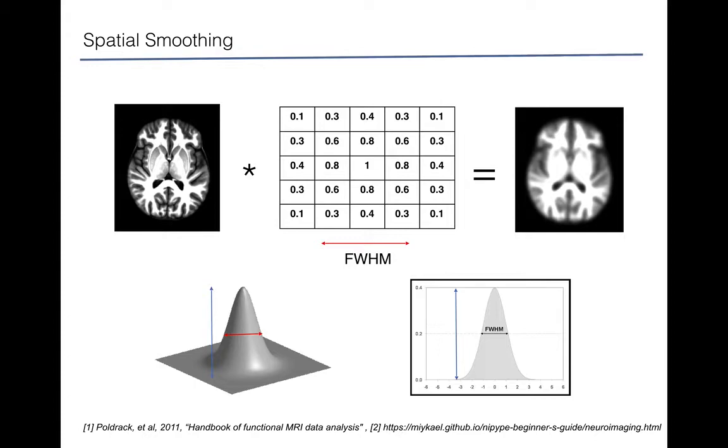The next thing is spatial smoothing. Spatial smoothing generally increases the SNR by reducing the high frequency noise in the data. What it does is compute the weighted average of the neighboring voxels with different weights and replace each voxel by the weighted average of the neighboring voxels.